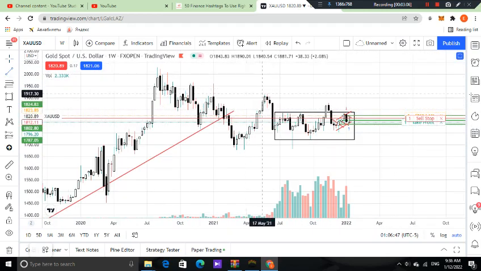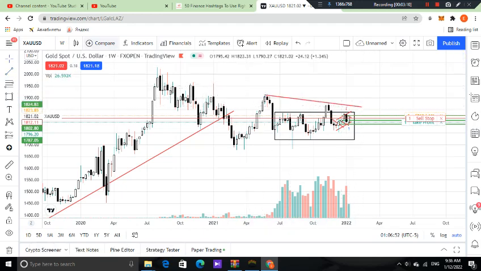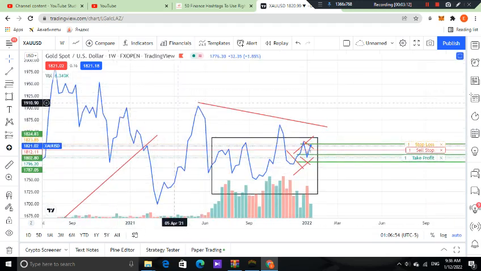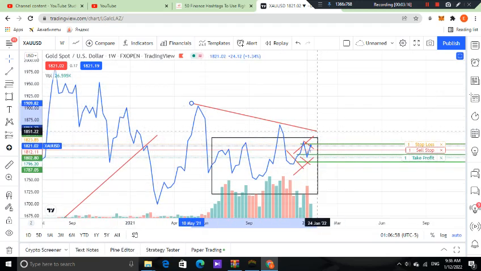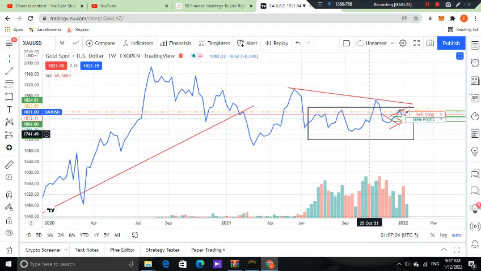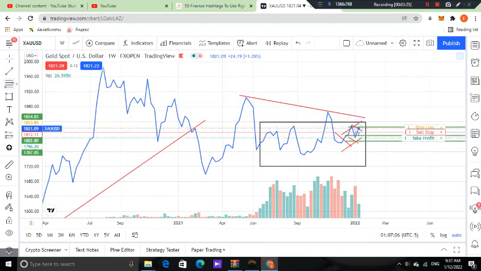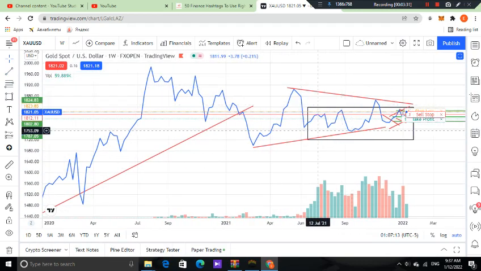Okay, you can consider this a downtrend. You have a top lower than its prior top, and you have lows higher than its priors.